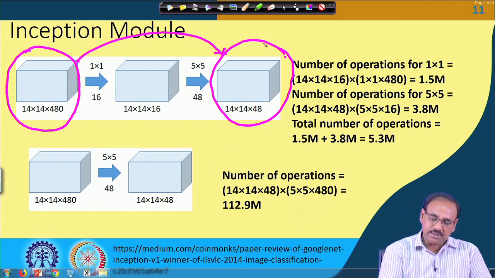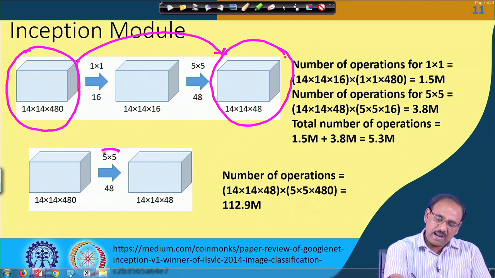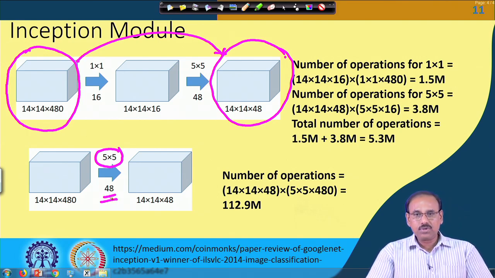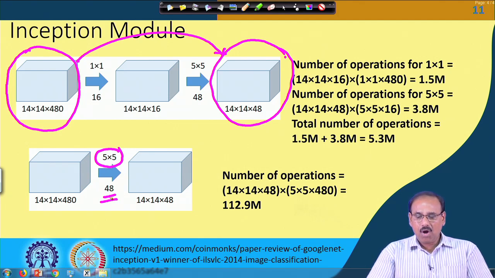Either use it directly by using 5 by 5 kernels and 48 such kernels, of course with stride. So, each of these 5 by 5 kernels, with stride and appropriate padding, gives you a feature map of size 14 by 14 by 1.